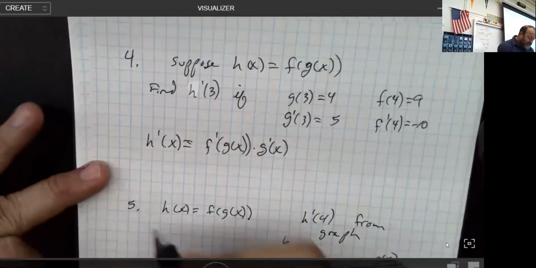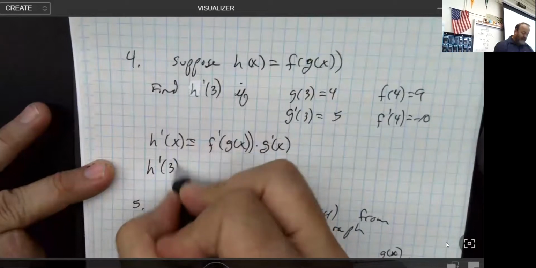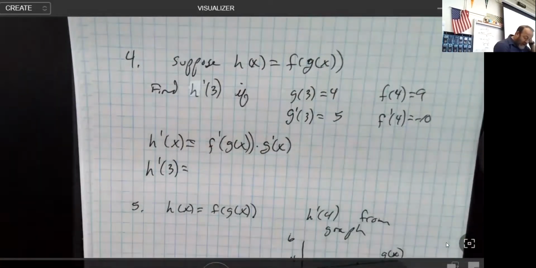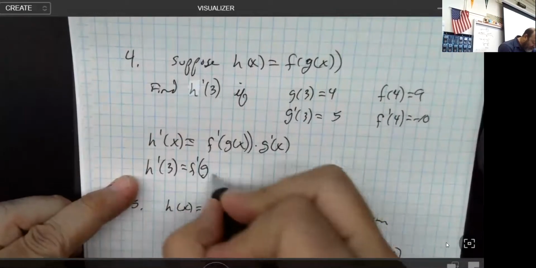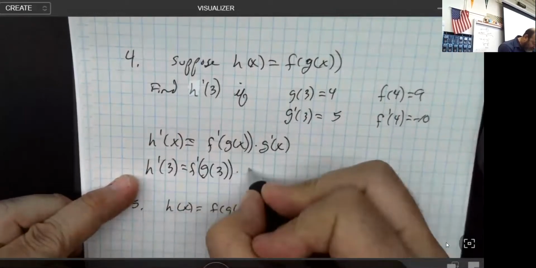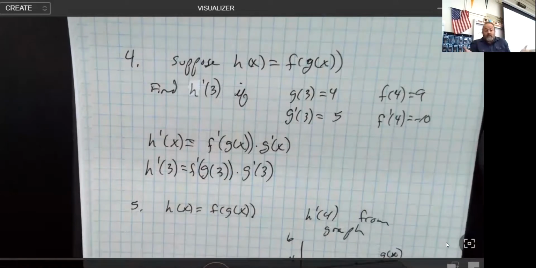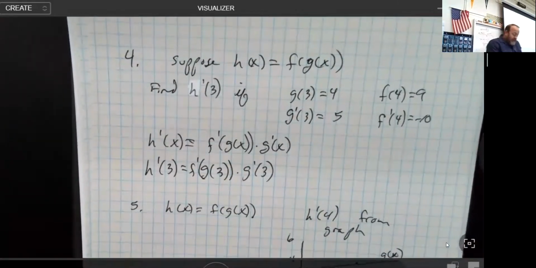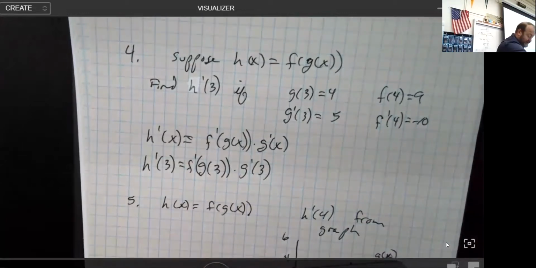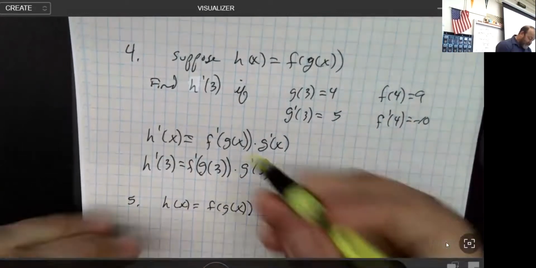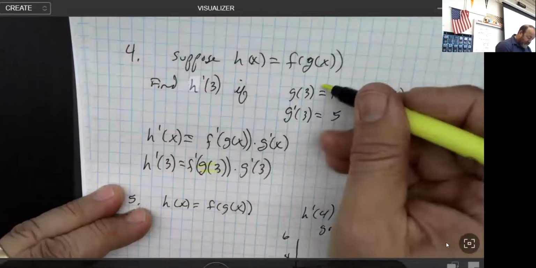So if we want to specifically evaluate it at the number 3, then I would like to take f prime of g of 3 times g prime of 3. Now again, all I'm doing is plugging in the number, but then we have some information. Up here, it tells me that g of 3 is given to be the number 4.